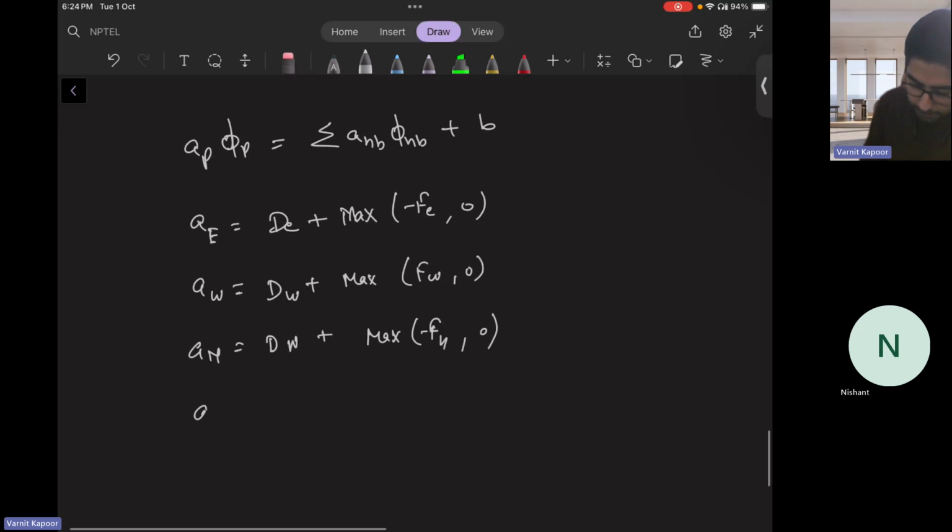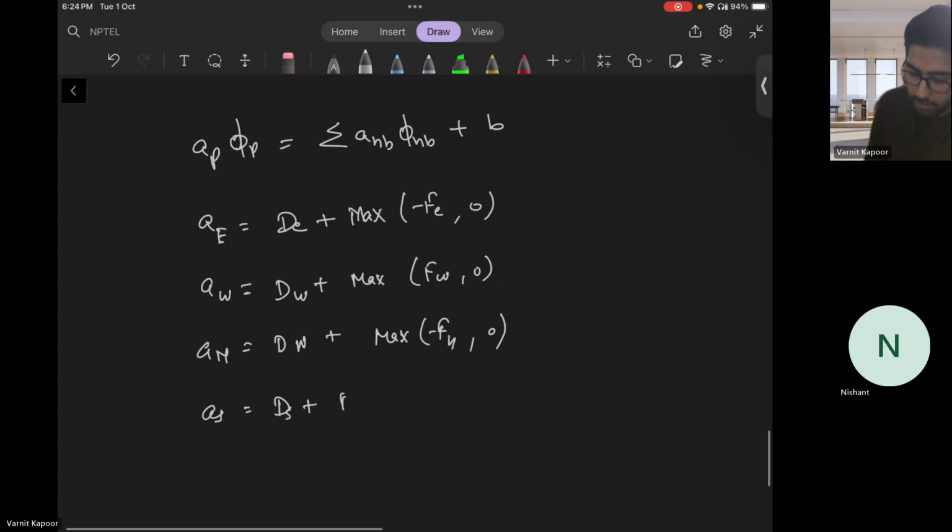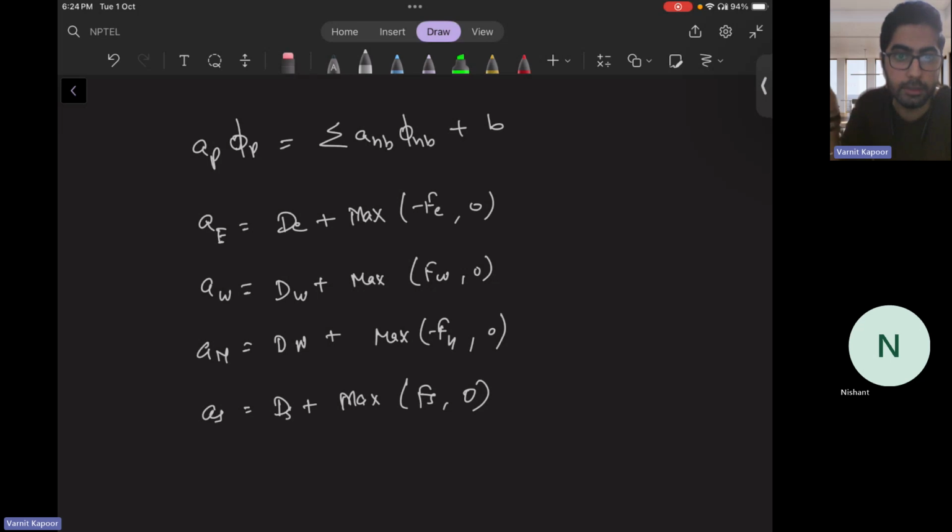And aS will be dS plus the maximum of Fs comma 0. So diffusion terms are all positive.